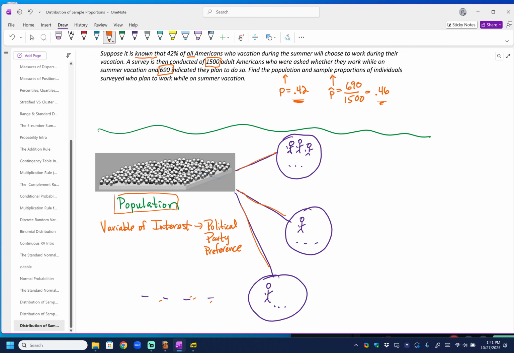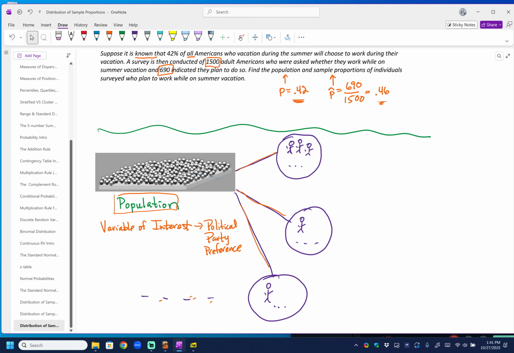So if you recall, last time the variable of interest was height. What did we do for the distribution of sample means? We took the mean height from each one of these samples over and over and over again. They likely will be different. They could be the same, but likely different. And we eventually formed our own distribution of x bars.